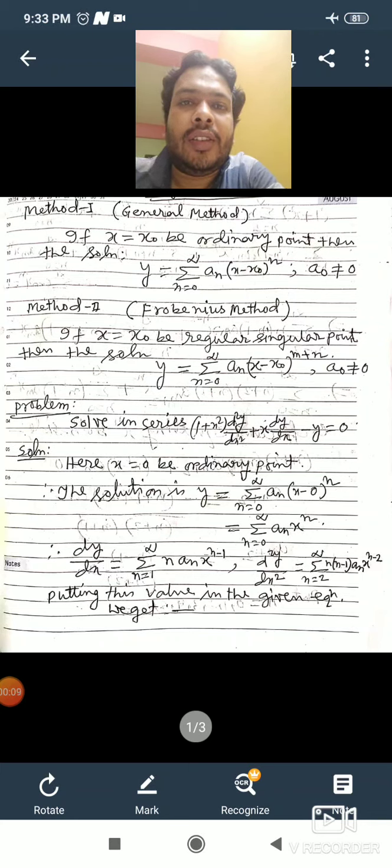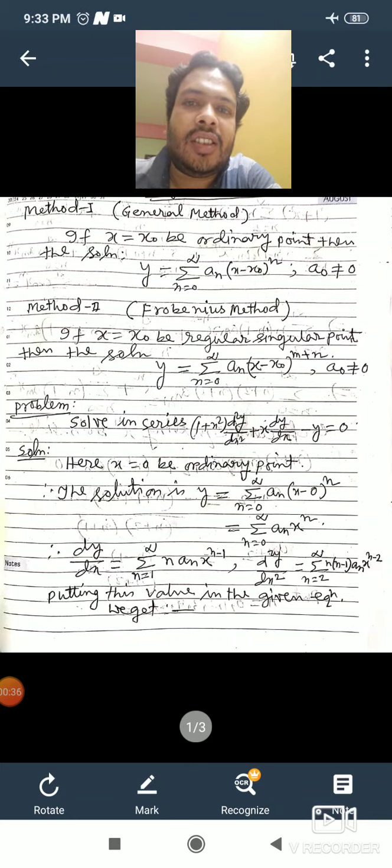The topic is solution of ordinary differential equation. Firstly, we calculate ordinary point and regular singular point. In the previous class we already discussed the procedure of calculation of ordinary point and regular singular points and its related problems.